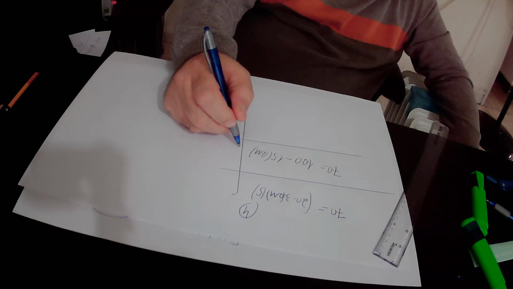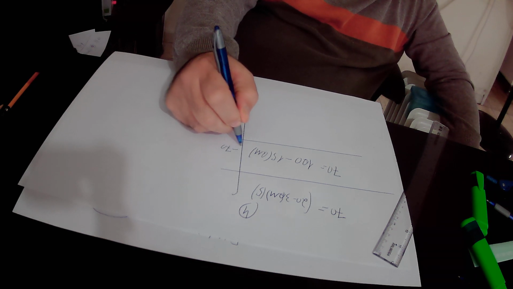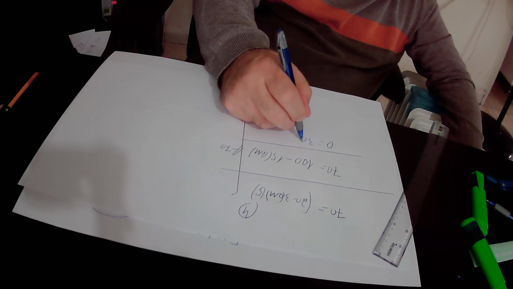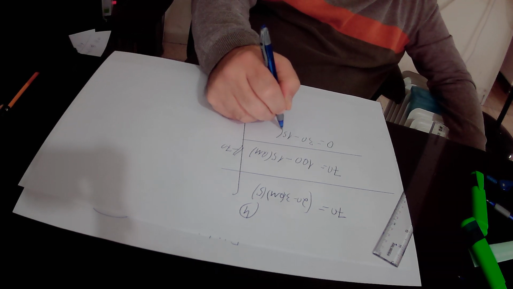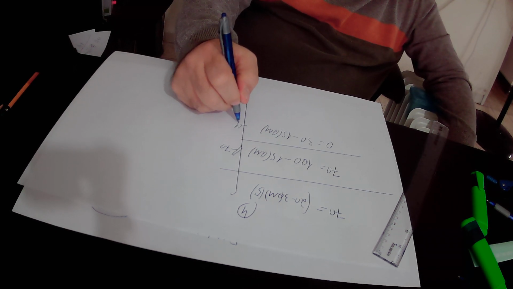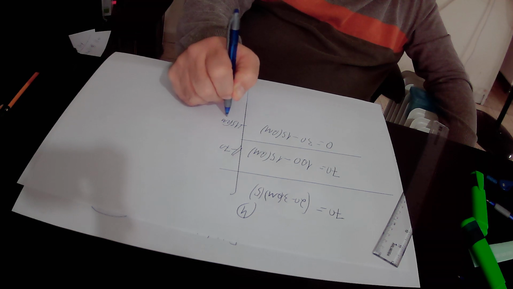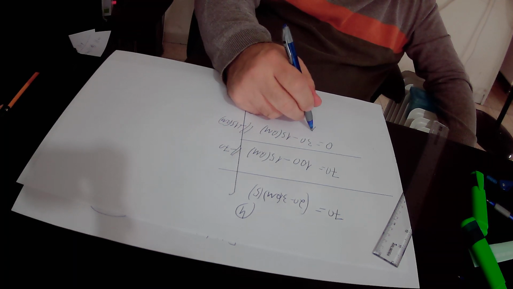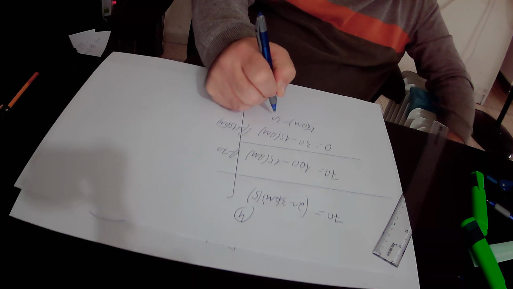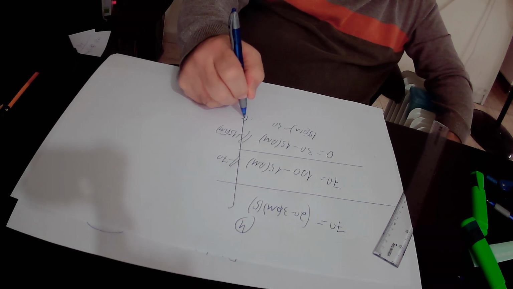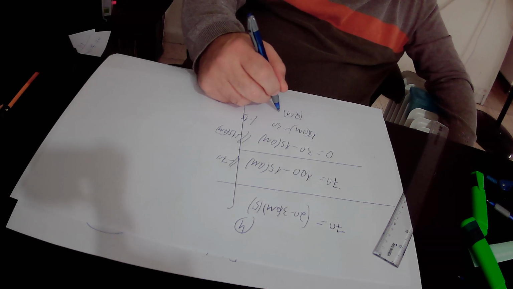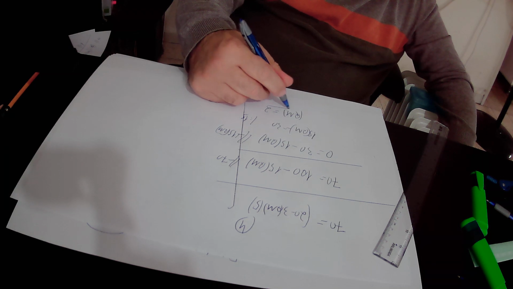Here we subtract 70 from the equation: 70 minus 70 is 0, equals 100 minus 70, which is 30, minus 15 QM. Here we add 15 QM to the equation and we get that 15 QM equals 30. We divide by 15 and get that QM equals 30 over 15, which is 2. QM equals 2.